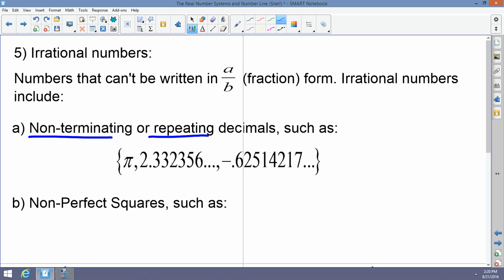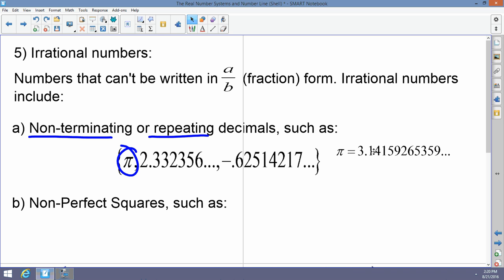Now, I put pi here as irrational. Why is pi irrational, you may ask? Well, pi equals 3.14159265359..., it keeps going on forever, and it does not repeat. So irrational numbers are numbers that cannot be written in a over b or fraction form, and they include non-terminating or non-repeating decimals that never end.